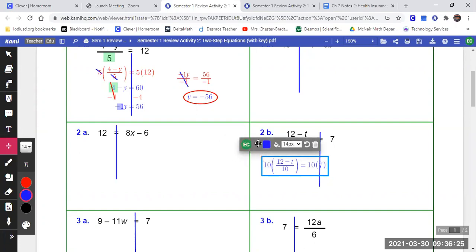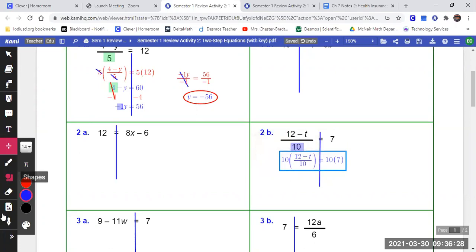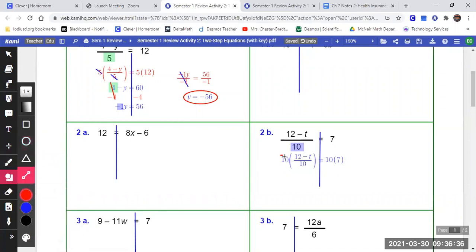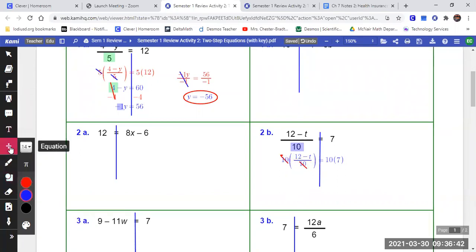That's going to big 1 that 10 on the bottom out of there, because we don't want him there. He's in the way. That's just going to leave us with 12 minus t equaling, what does the right side equal? Do the math for the right-hand side. Yep, 7.